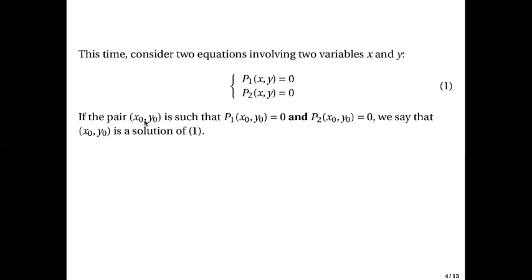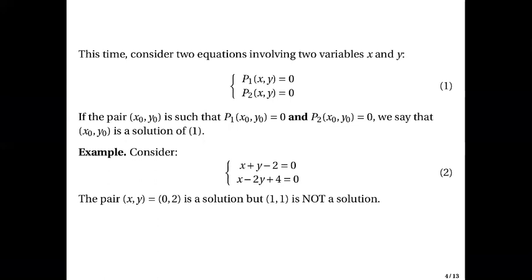If the pair x sub 0 comma y sub 0 is such that P1 of x sub 0 y sub 0 equals 0, and take note of this, and P2 of x sub 0 y sub 0 equals 0, okay, we say that x sub 0 and y sub 0 is a solution of this system, which we labeled here system 1.